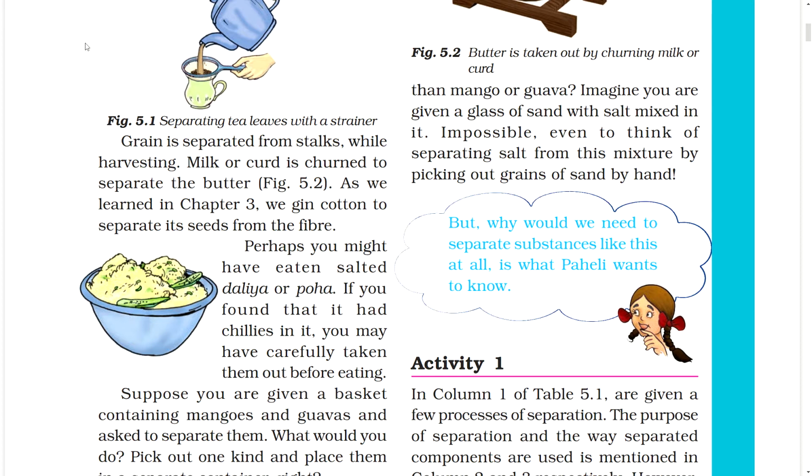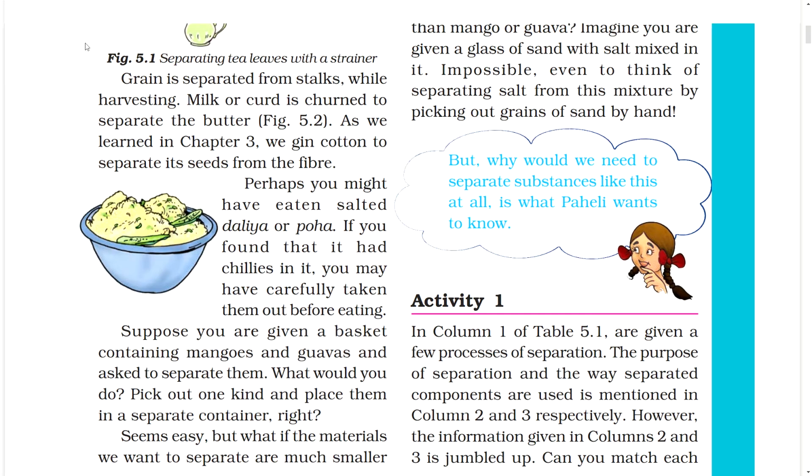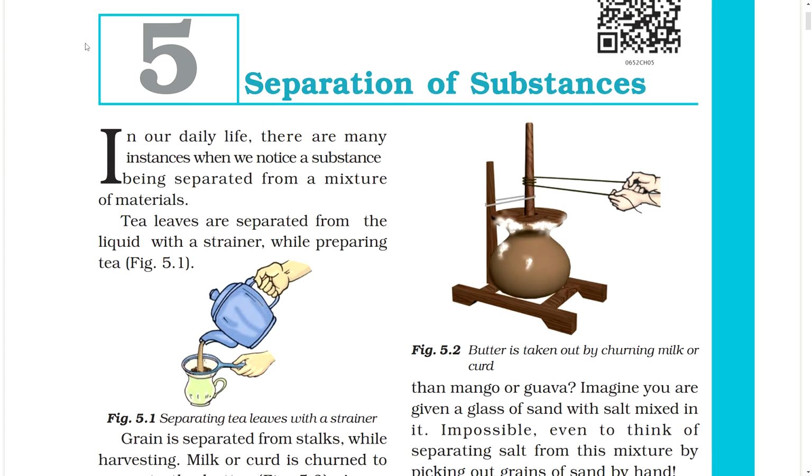Suppose you are given a basket containing mangoes and guavas and asked to separate them. What would you do? Pick out one kind and place them in a separate container, right? Seems easy, but what if the materials we want to separate are much smaller?